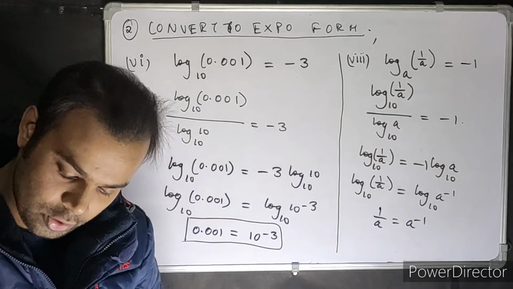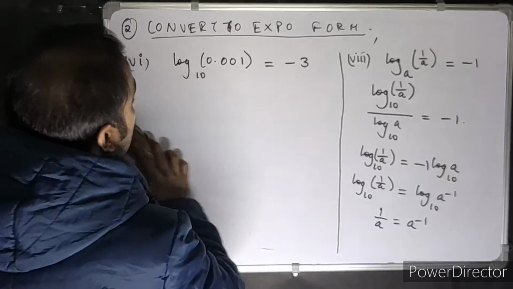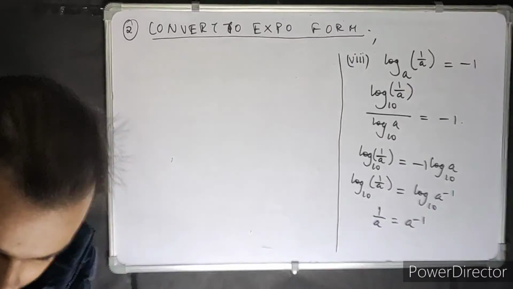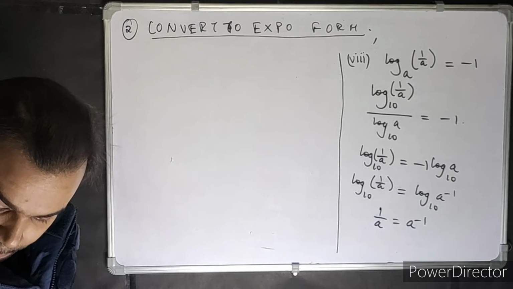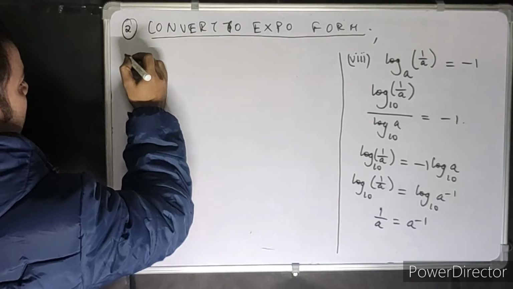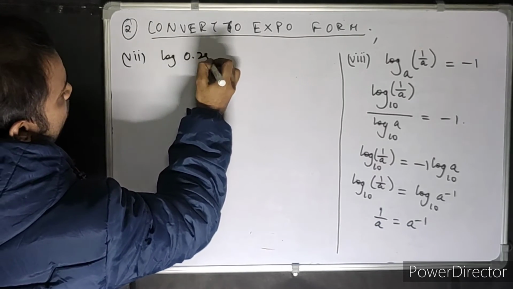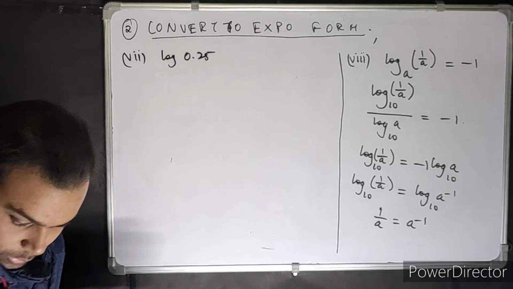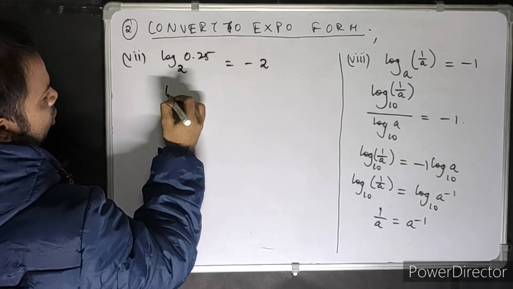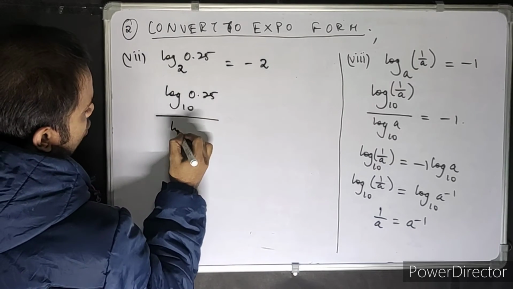Let's do one more question for you, and the rest I can give you to do from part 2 at home, if you want to do, of course. Let's do part 7. It's given as log 0.25 base 2 is minus 2. Same way, you know by now what to do.